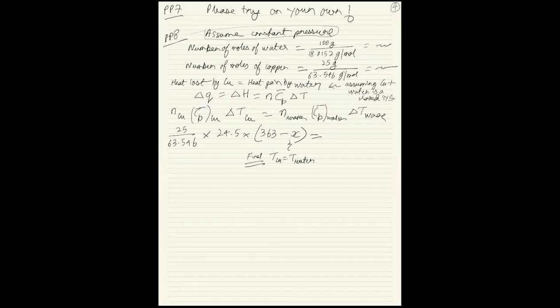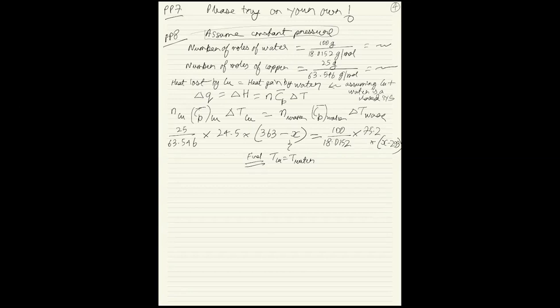This thing is equal to the number of moles of water, which is 100 divided by 18.0152, multiplied by 75.2 multiplied by x minus 293. And you have to be careful with that. One of these has 363 minus x, the other one has x minus 293.